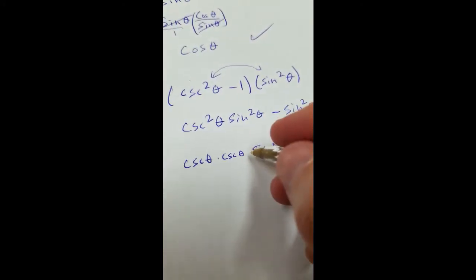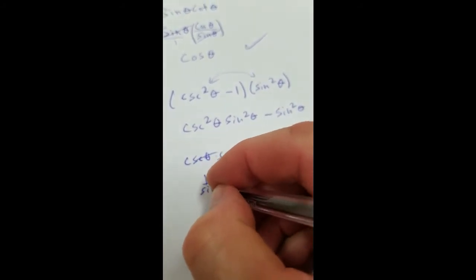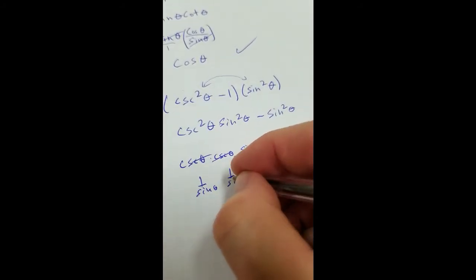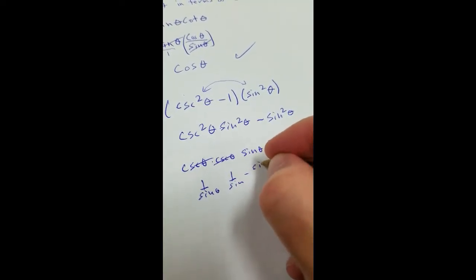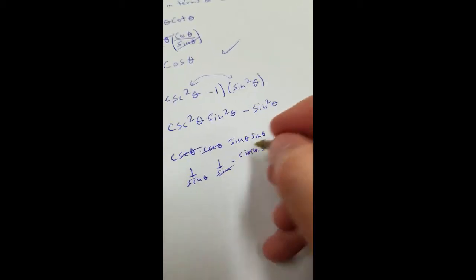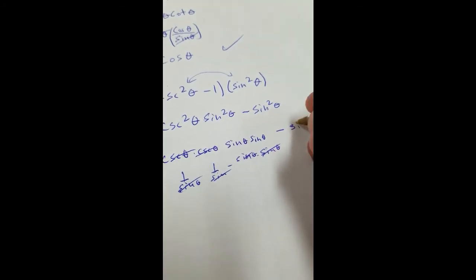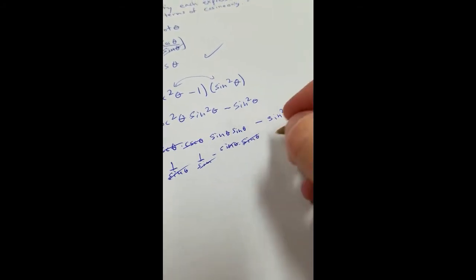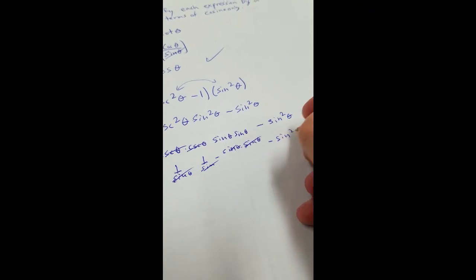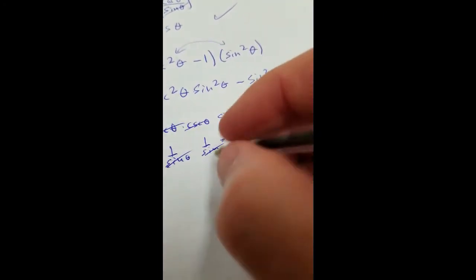But each one of these are reciprocals of each other, so if you want to swap those out and call them 1 over sine and 1 over sine times sine, they will knock each other out and make 1. Oops, I forgot to bring that down. That's got a minus sine squared over here. Minus sine squared. All right, well, that all cancels out and makes 1.